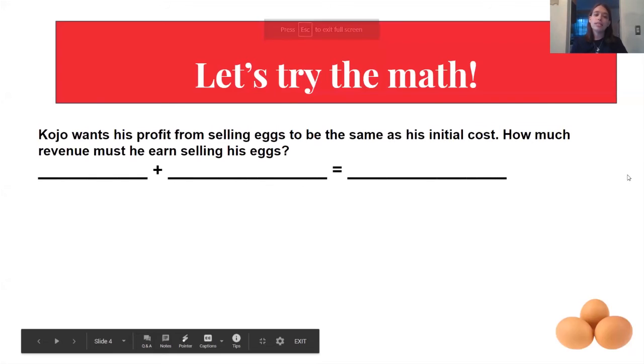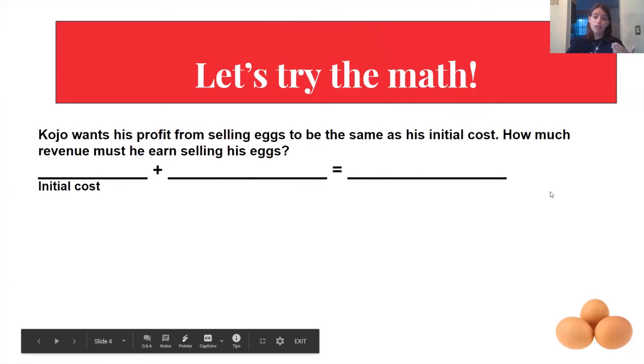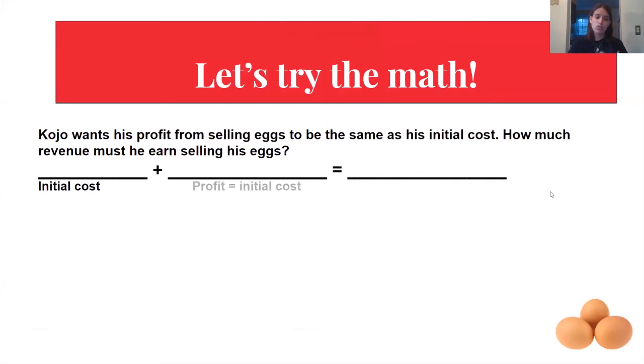So Kojo wants his profit from selling his eggs to be the same as his initial cost. So he wants his profit to equal his cost. How much revenue must he earn selling his eggs? So he wants his profit to be the same as his cost. So he wants to make as much as he's spending. So we take his initial cost, we add it to the initial profit, because his profit is going to be the same as initial cost.